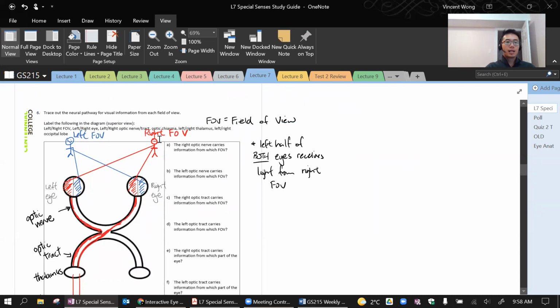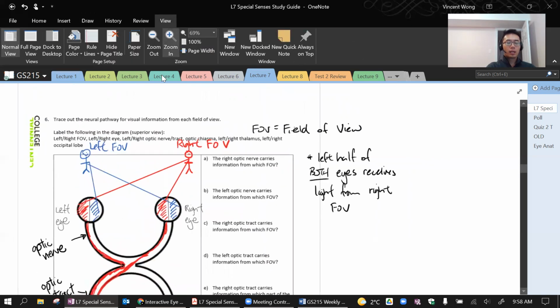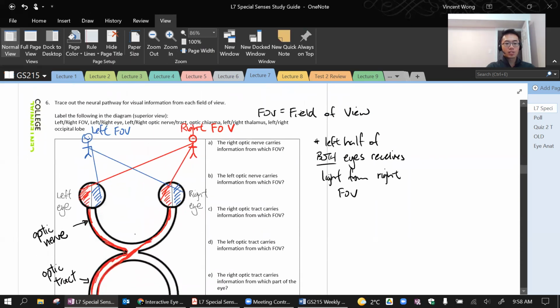This location in the middle, where the optic nerves cross each other, is called the optic chiasma. It's located just in front of the hypothalamus.